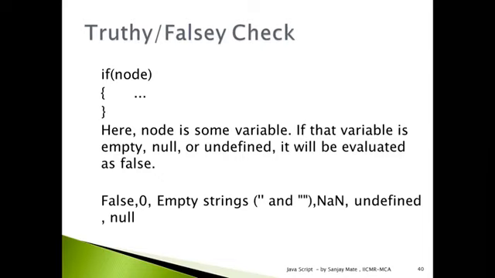At the last, you are using the if, you are using for, you are using while for some expressions in the control structures. So here node is some variable. If the variable is empty, null, or undefined, it will be evaluated as false. Means whether the if is executed or not executed depends upon the value of node. So if node is false or 0 or empty string, sorry, and not a number, undefined or null, then it will be treated as false, and that particular statement which is included in that if is not executed.